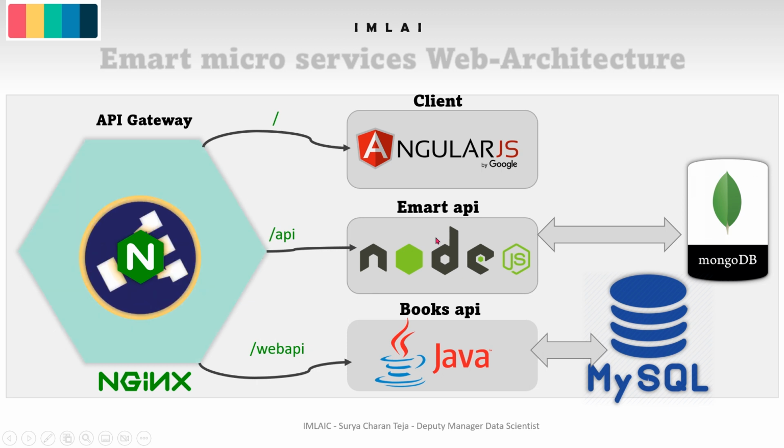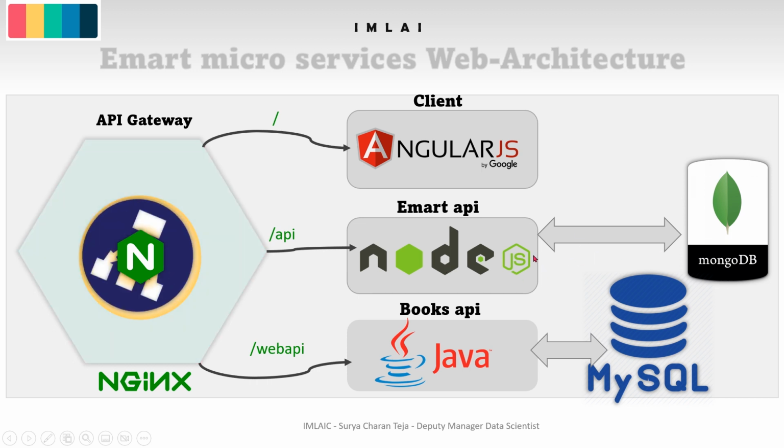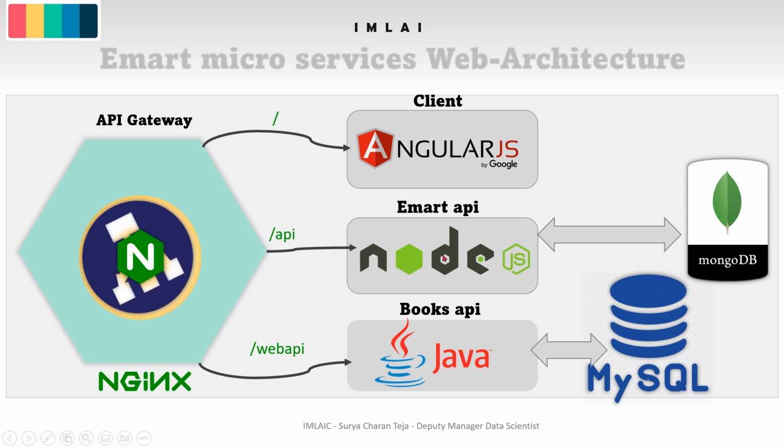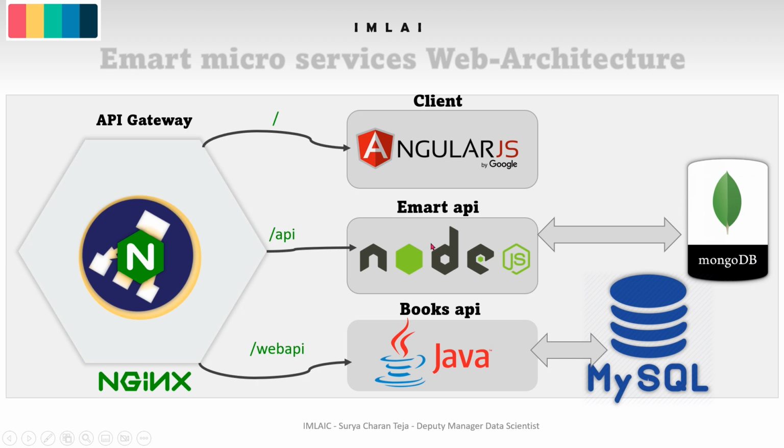So these APIs will need a database. This Node Emart API application requires a database, and here we are using MongoDB, a NoSQL database. MongoDB is a NoSQL database, and MySQL is a SQL database.